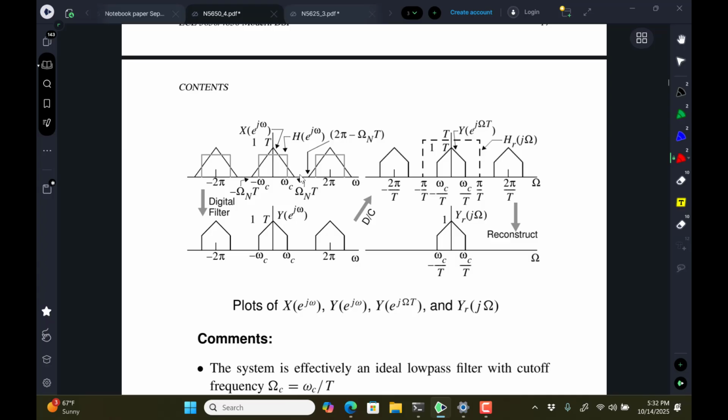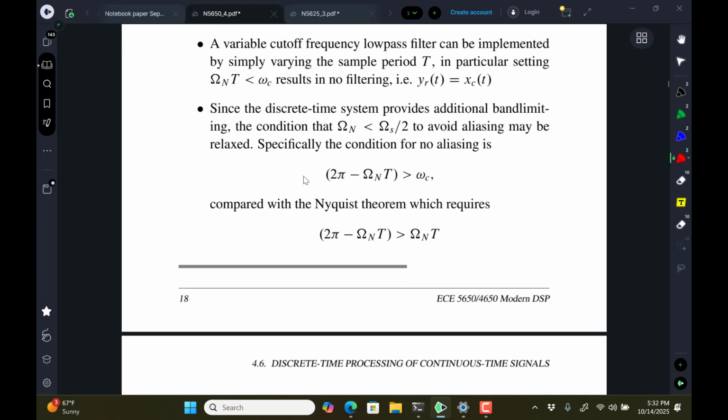It also has an advantage that because it is an ideal low-pass filter, the sampling theorem is easier to satisfy. Rather than omega n being less than omega s over 2, it just has to be less than omega c over 2, or little omega c over T. So it's just kind of an interesting twist on things.